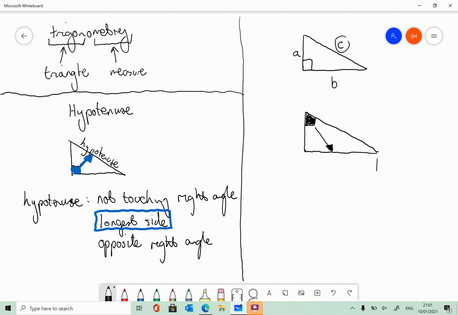Okay, so this guy here is our hypotenuse, because that's the right angle up here. Now that's obviously not a right angle, okay? So do not use the fact that it's the longest side, okay? The hypotenuse for you guys is the one that's opposite the right angle. So we have to go through the triangle to get to the hypotenuse.